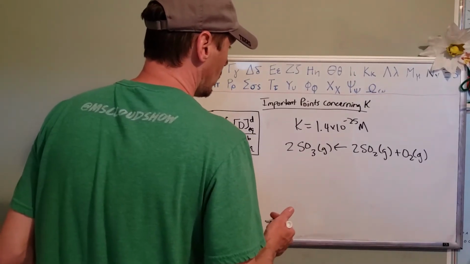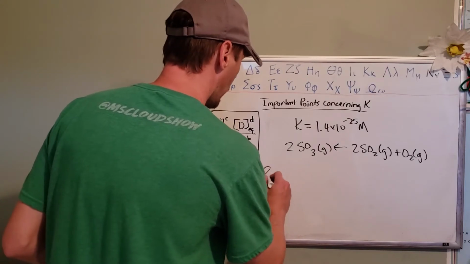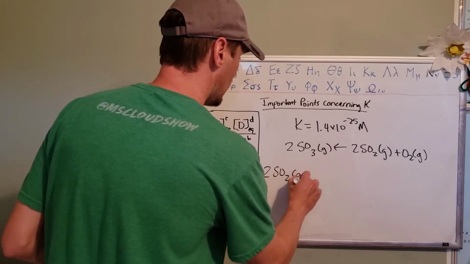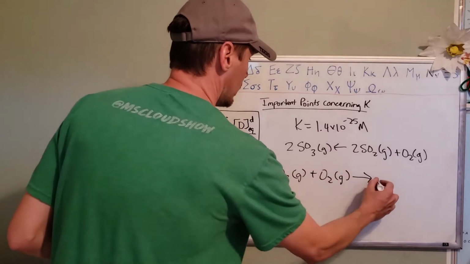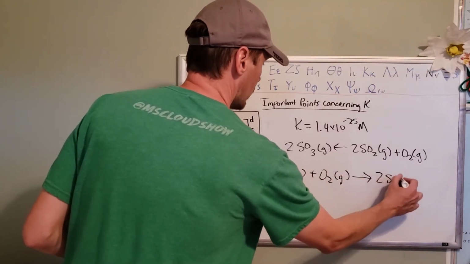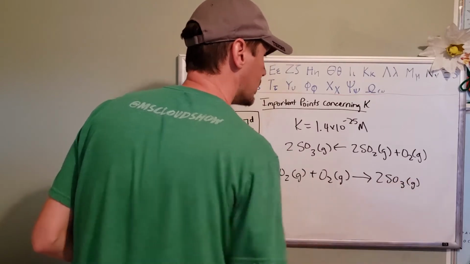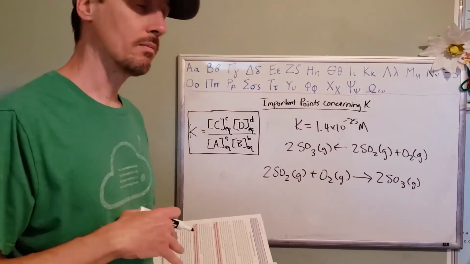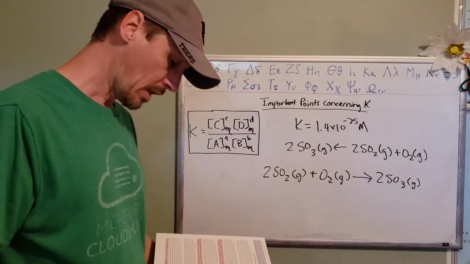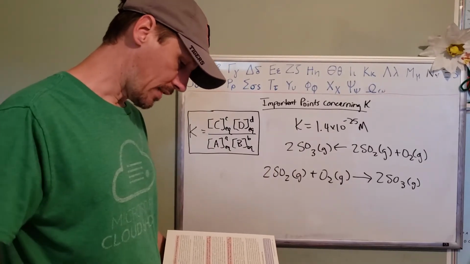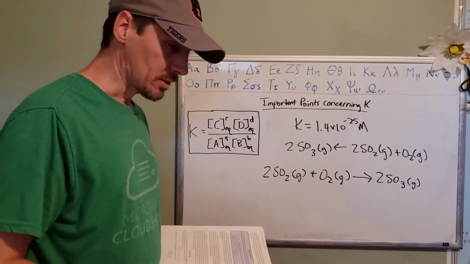And so let's rewrite this. The appropriate way then to rewrite this would be plus O2 as a gas in that direction, 2SO3. So just rewrite it so that the products become the reactants and the reactant becomes the product. Okay? So that would be the appropriate way to write that as a one-way reaction.